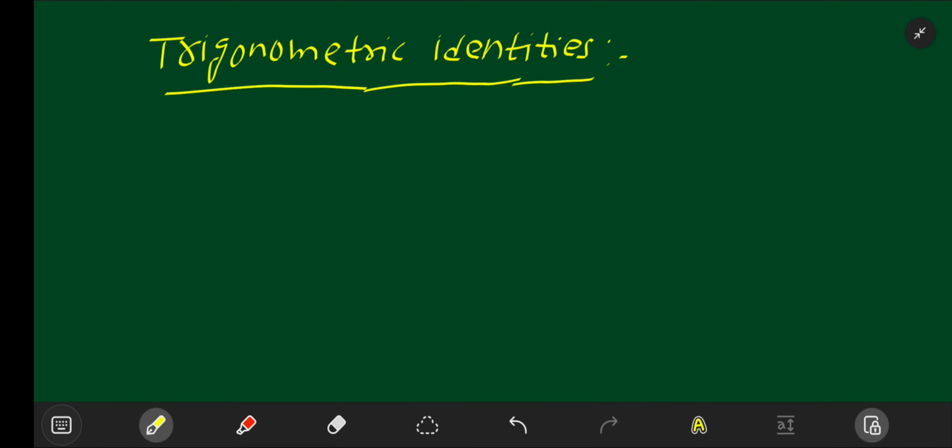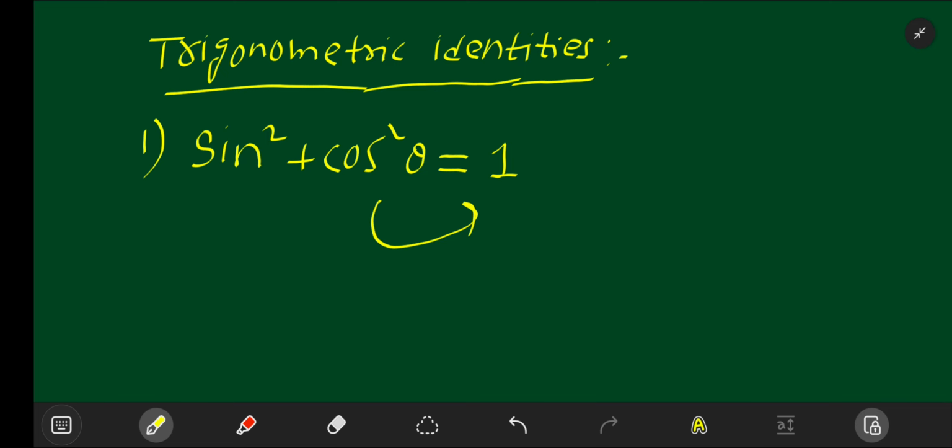First one. Sine square theta plus cos square theta is equal to 1. This is the first formula, the first identity. Send cos square theta to the right hand side: sine square theta is equal to 1 minus cos square theta.